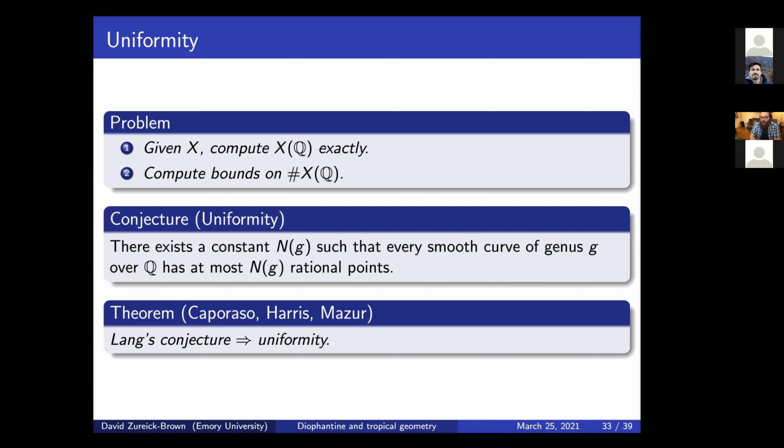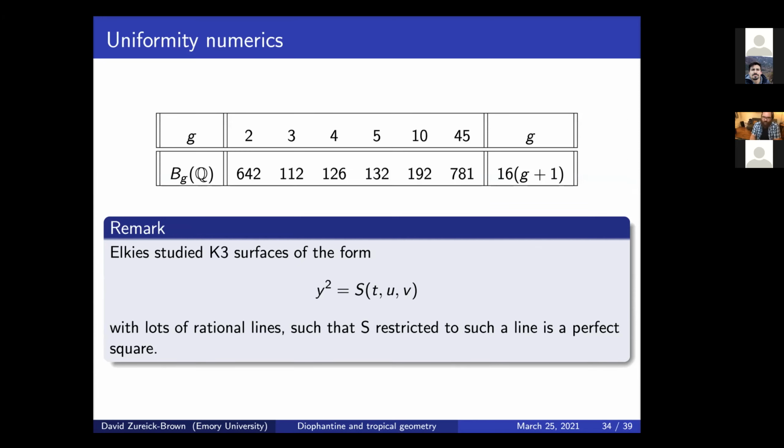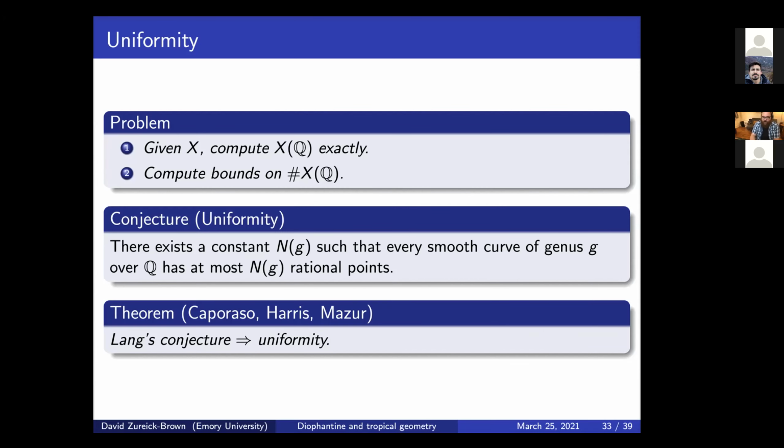Actually, they initially took this implication not as evidence for uniformity, but evidence against Lang's conjecture. And the apocryphal story, but Noam Elkies says this is true, is that for about a month at Harvard, everybody spent all of their time trying to disprove Lang's conjecture by writing down more and more complicated examples of curves that have a lot of points.